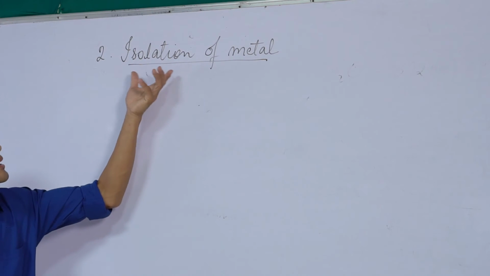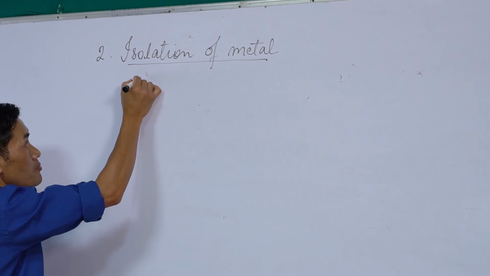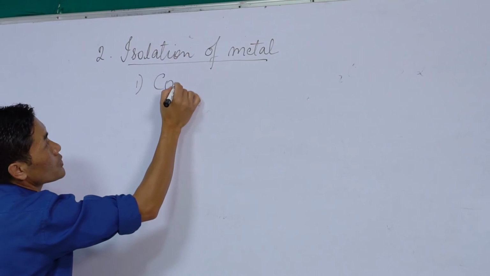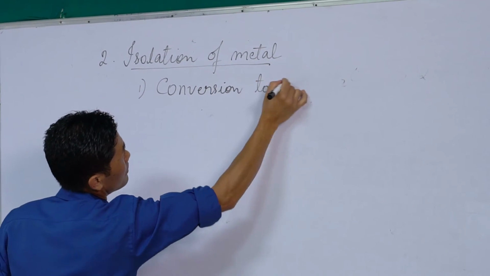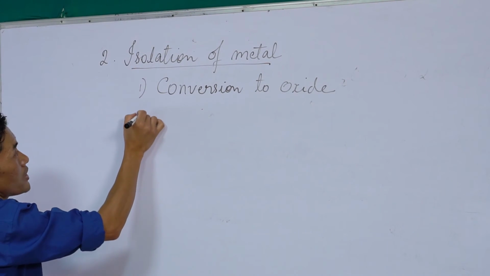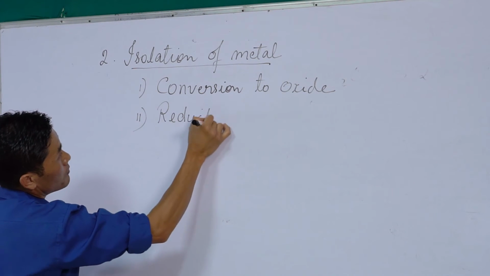Now, in this step, actually there are 2 sub-steps that are involved. The first sub-step is called conversion to oxide. And the second sub-step is called reduction of the oxide ore.